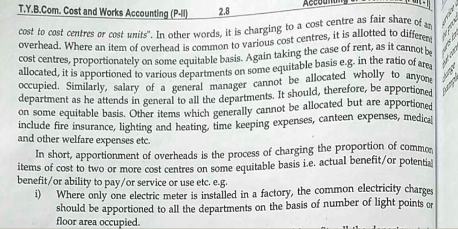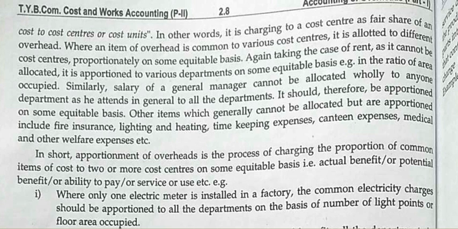We have seen in the previous audio lecture that a basis is required to apportion the overhead. Again, taking the case of rent, it cannot be allocated, it is apportioned to various departments. Rent is for the total factory. So we distribute the total amount of rent to various departments of production and service departments.